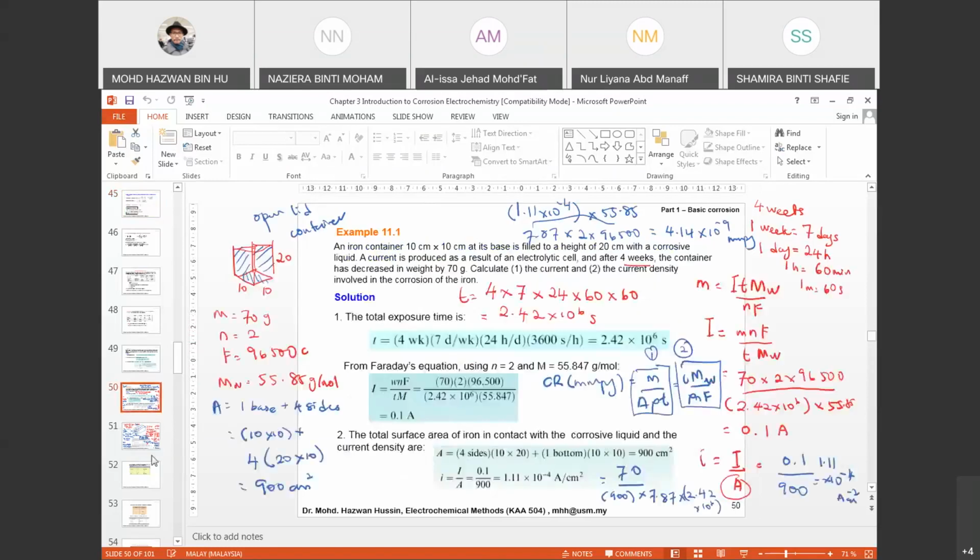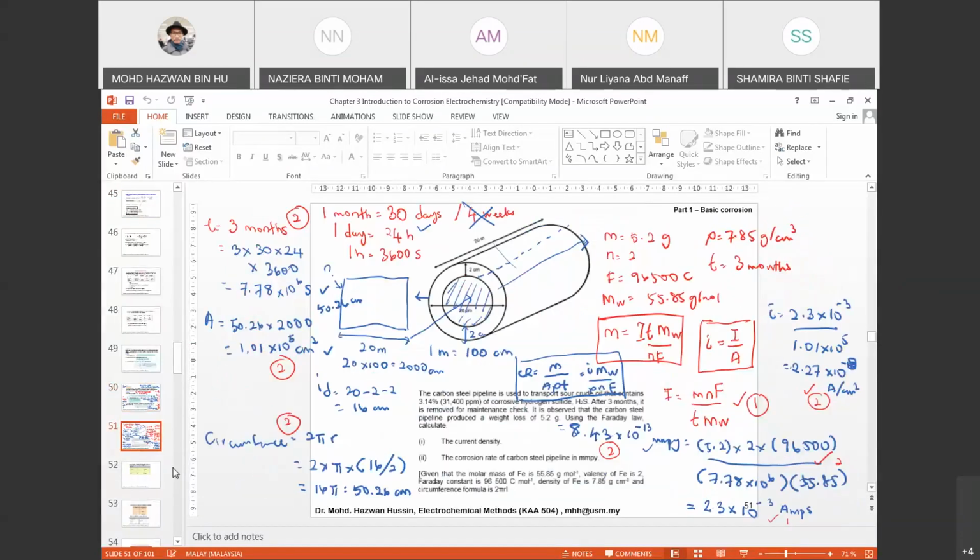I hope that if you have any problem on the corrosion current density or the corrosion rate formula, please ask me quickly before your exam or your test.